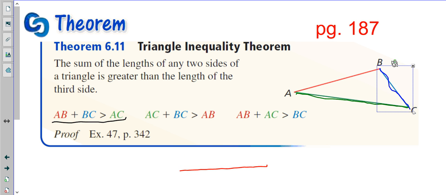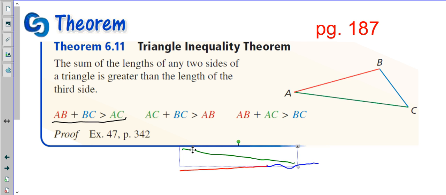Well, it's not a very good line, but it will work. Okay, at the very most, if we have that angle between here, that third side has to be shorter than those two sides.